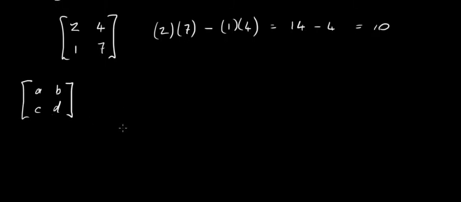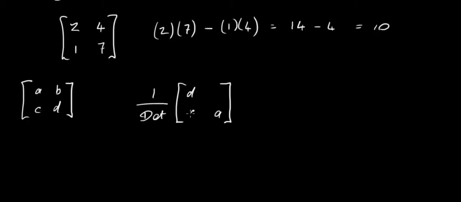The inverse of this 2 by 2 matrix will be 1 over the determinant multiplied by, now what you need to do here is take the A and the D and reverse them. So I'm going to put D up here, the A down here, and then I have a C and B here.